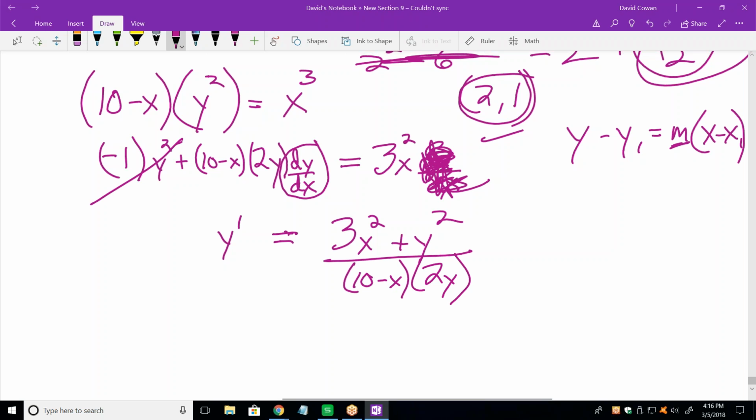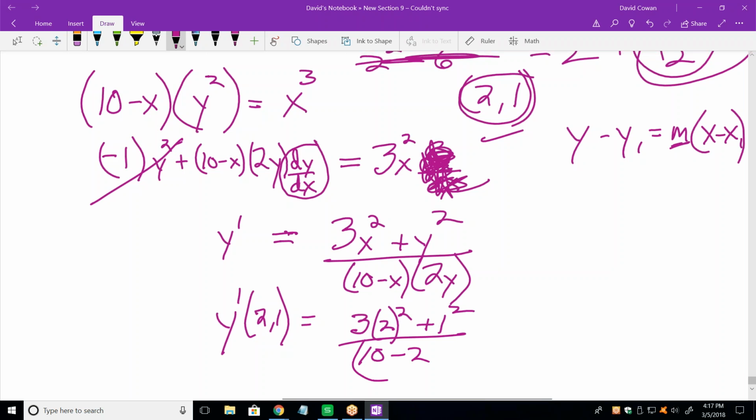And now evaluate that. In other words, what is y prime of 2, 1? So then you would just do 3 times 2 squared plus 1 squared all over 10 minus 2 times 2. And I really do think it's worth doing that.